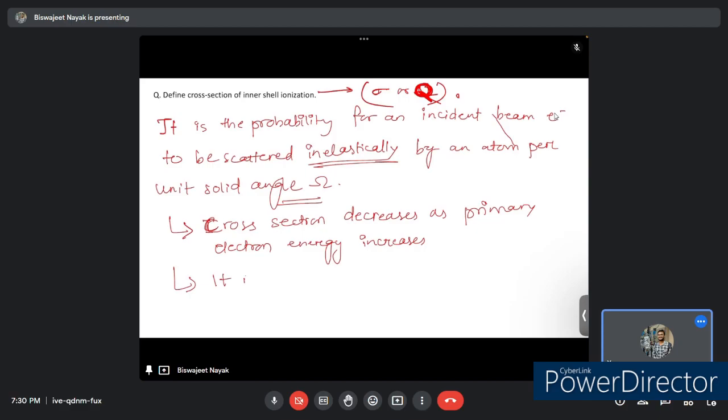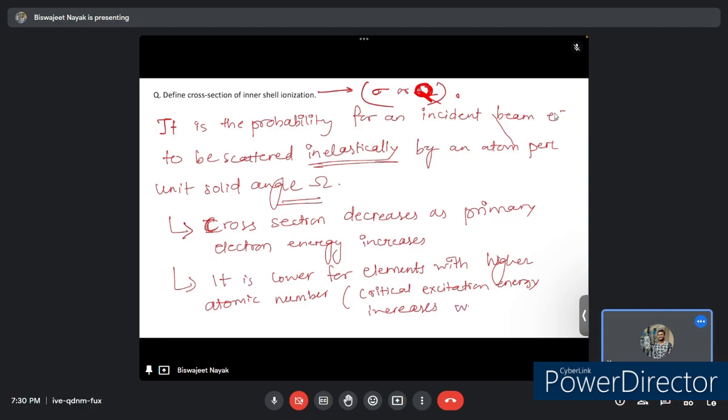Why so? Because the critical excitation energy increases with atomic number, hence the cross section decreases accordingly when we increase the atomic number.